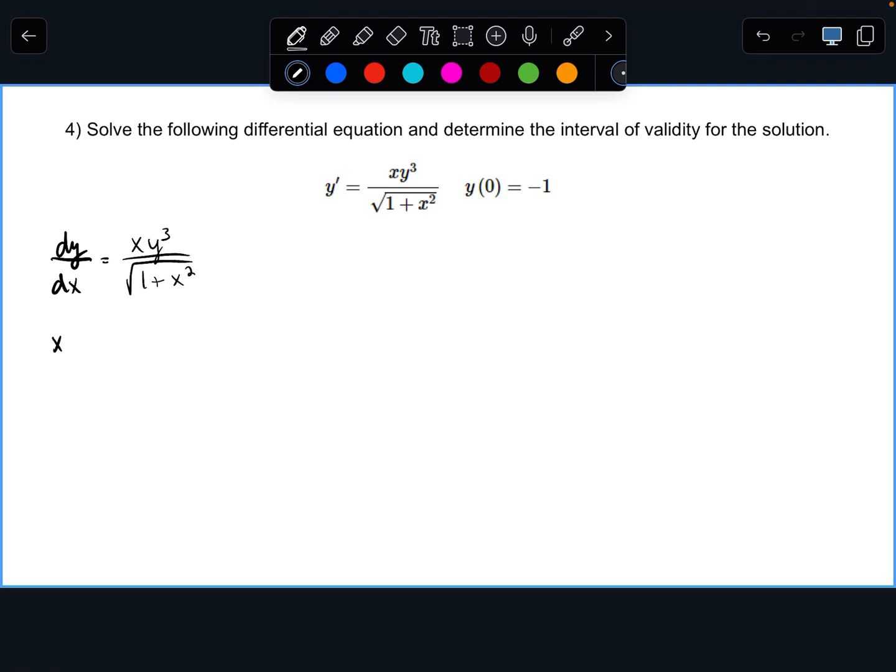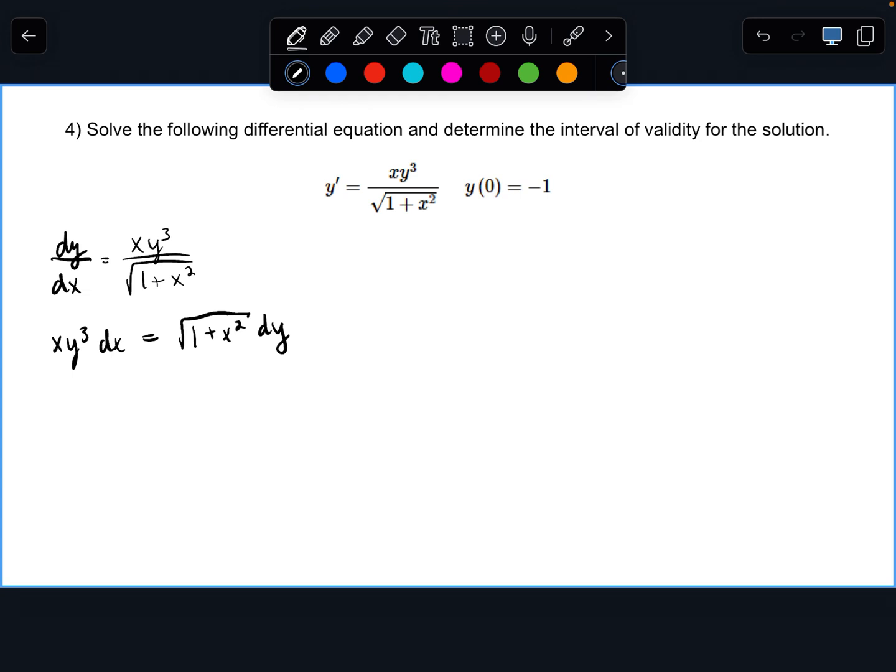So I get x, y cubed dx equals, okay, this is a mess. I cross multiply and literally nothing works, so I have to divide out the root stuff and divide out the cubing of the y.